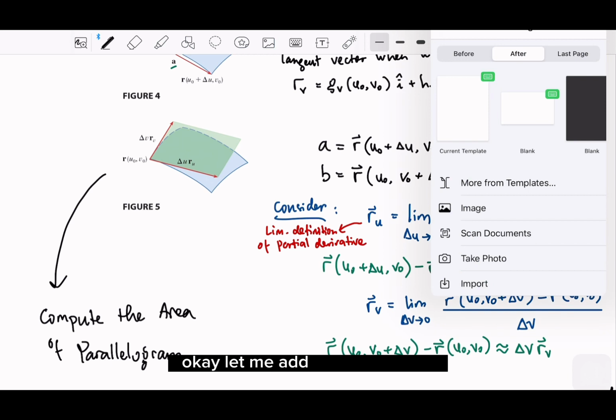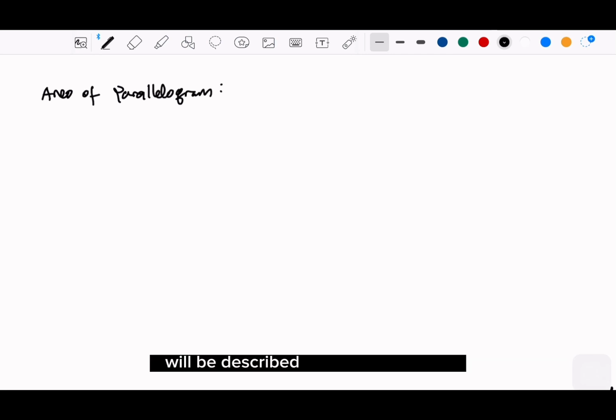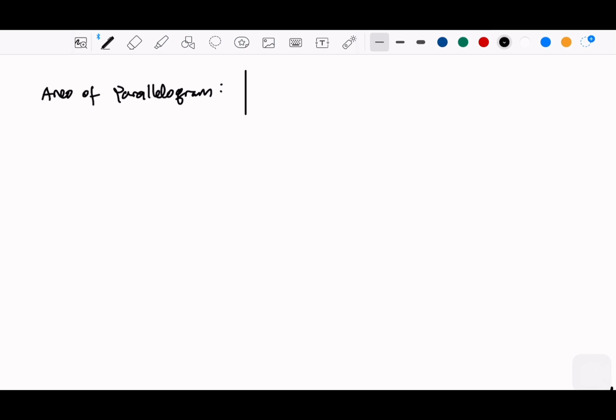Let me add one more page. The area of the parallelogram will be described by a cross product between these two.